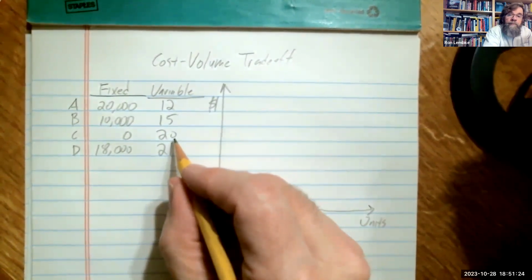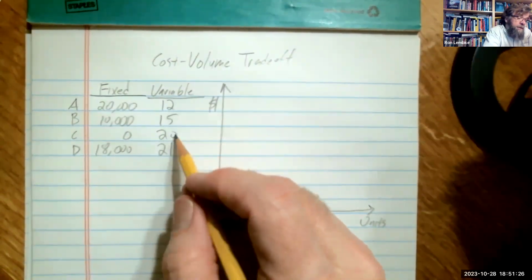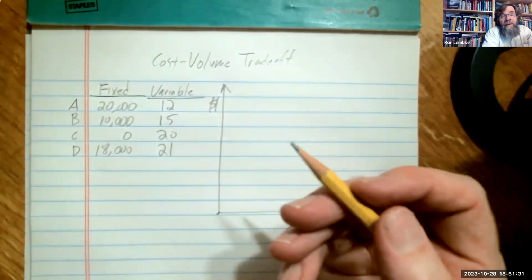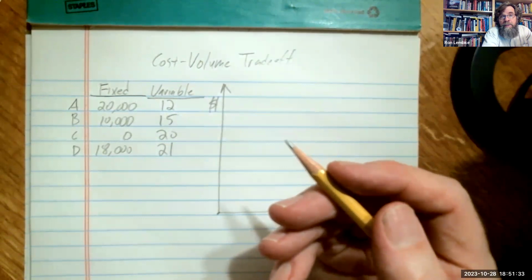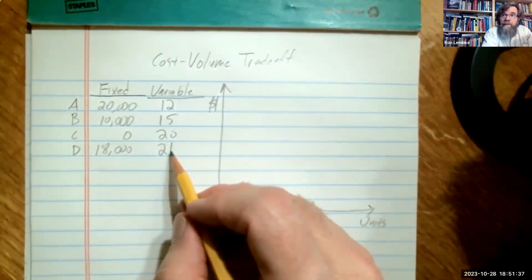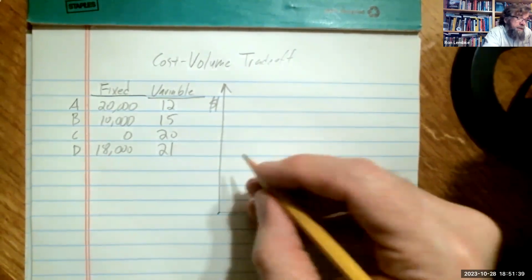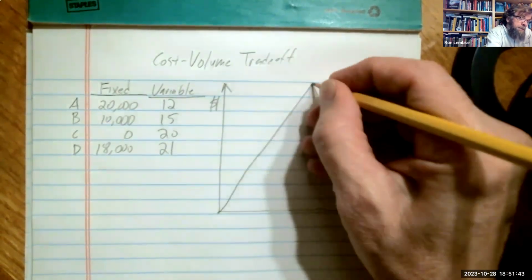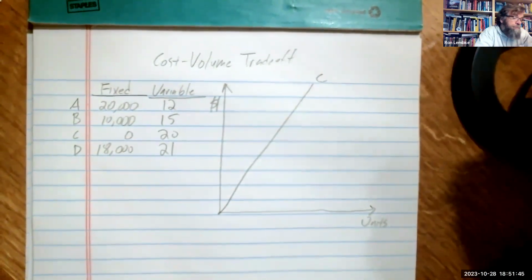Looking at the variable costs here, 20 is one of the highest ones, so I'm just going to make a line that's arbitrarily steep. D will be a little bit steeper, but C is going to be pretty steep. So I'm going to draw C looking like that.